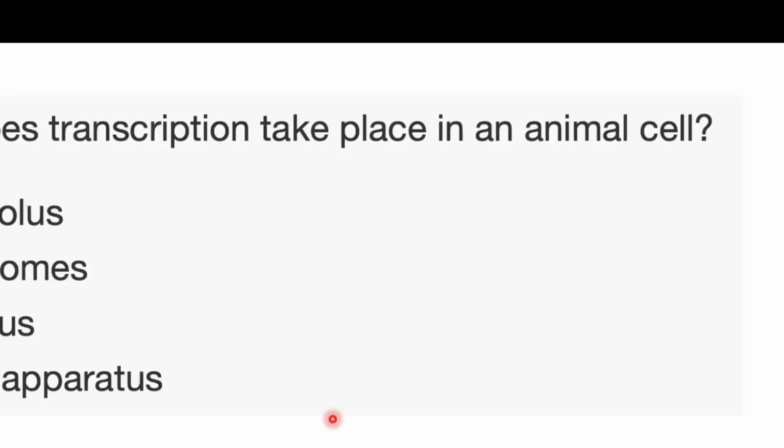Now these are different cell organelles in an animal cell. You have to tell me where transcription takes place in an animal cell. Is it option A, nucleolus, option B, ribosomes, option C, nucleus, or option D, Golgi apparatus?